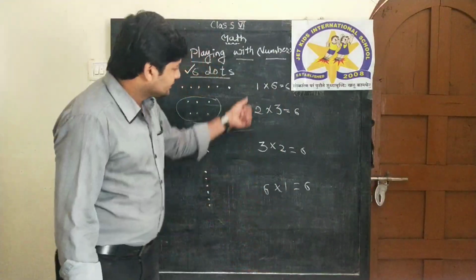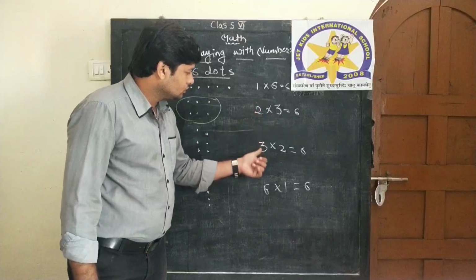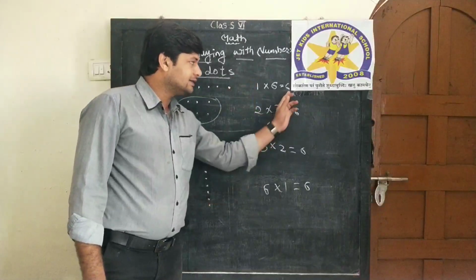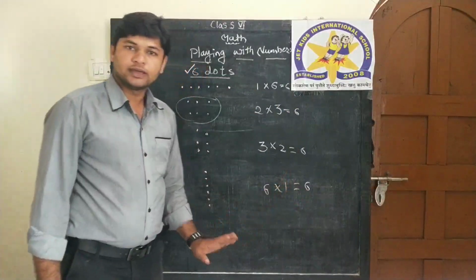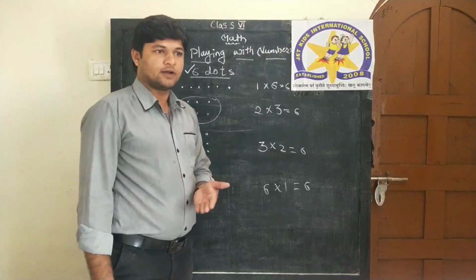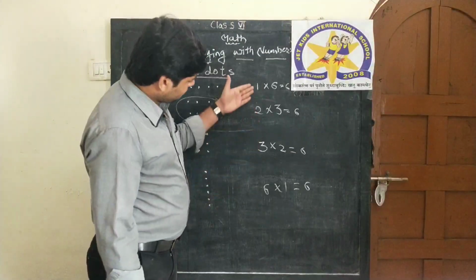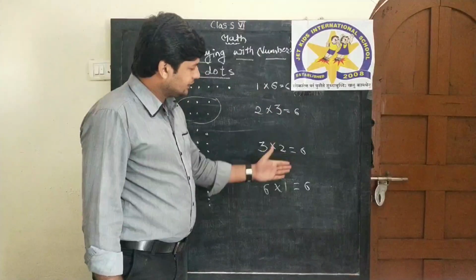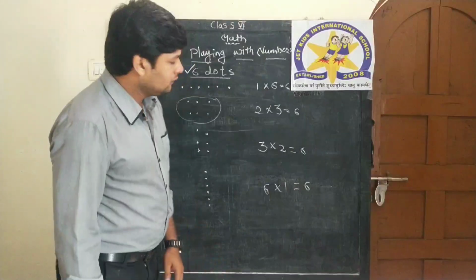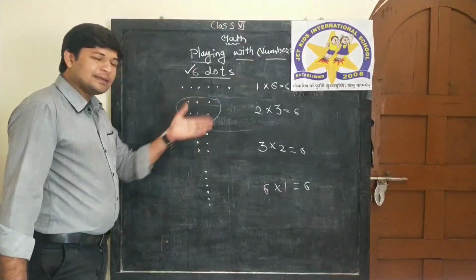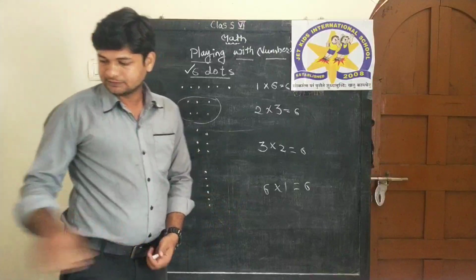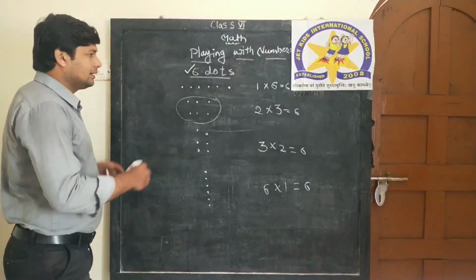These numbers can divide 6 perfectly. I am not talking about fractions. These 1, 2, 3, 6 are perfect divisors of 6. In the same manner we are going to find our factors. So first let us start with factors.